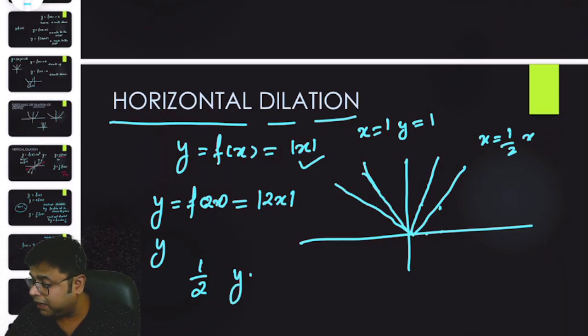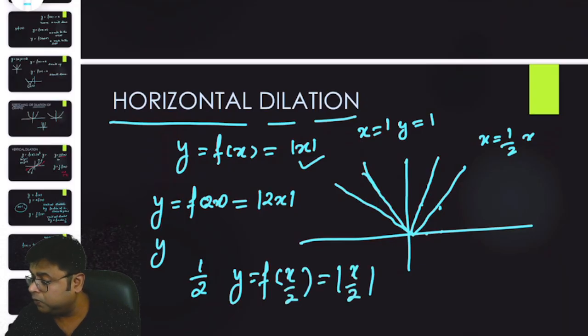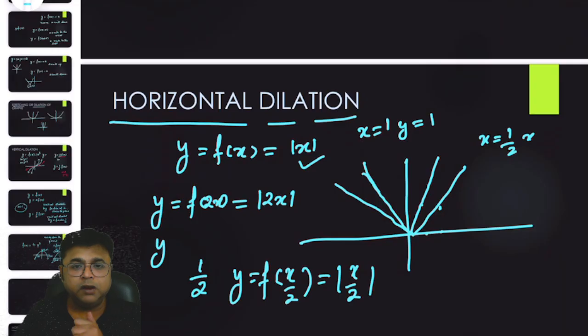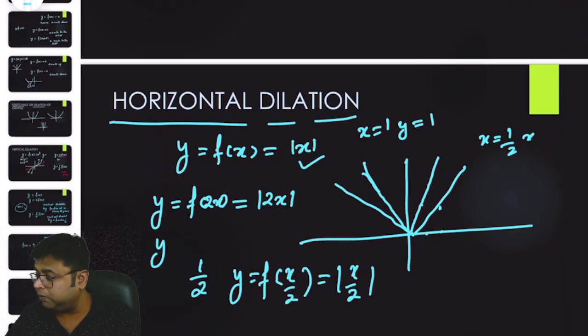But if I have y = x/2, it will be |x/2|. Whatever the value of y at x = 1 was, now it will be obtained at x = 2. So at x = 2, it will be 1. The graph is like this.